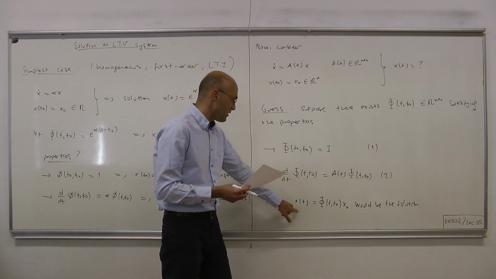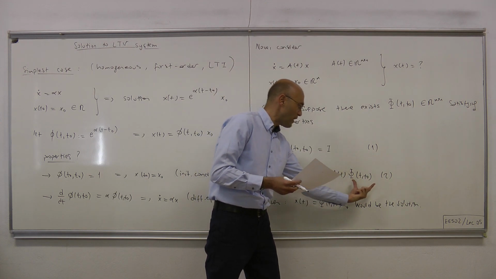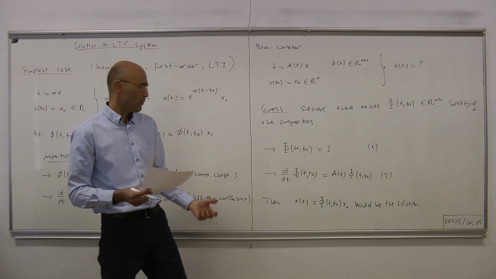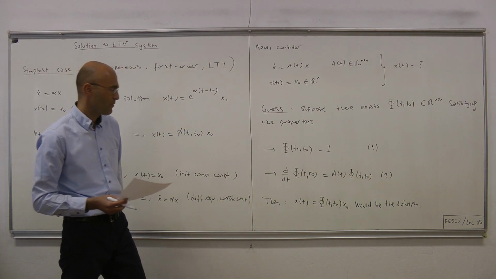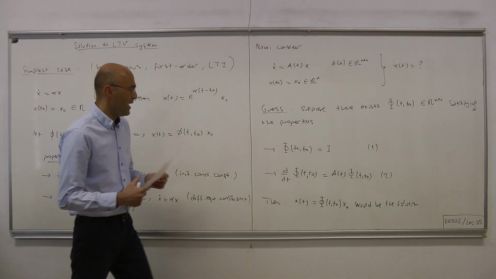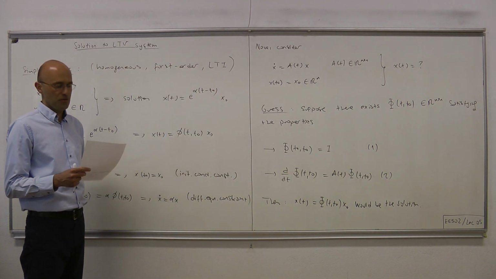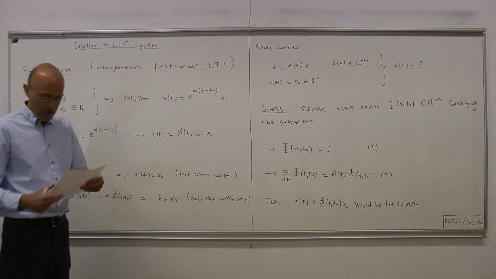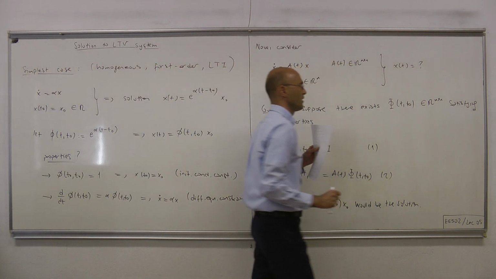So here we have x dot, and here we have A(t) times phi times x0, and phi times x0 is x of t, so what we have is x dot equals A(t) times x. So it's very easy, if these properties are satisfied, to see that x of t equals phi times x0 is the solution.